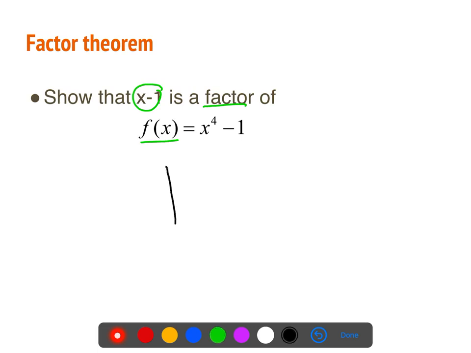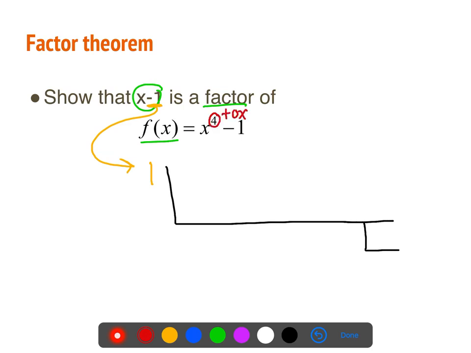So let's practice that idea. We want to show that x minus 1 is a factor of our polynomial. So that means when we do synthetic division, we want a remainder of 0. So I'm going to draw my synthetic division. Now this guy up here says x minus 1. Since he has the x, remember we changed the sign and put him out there.